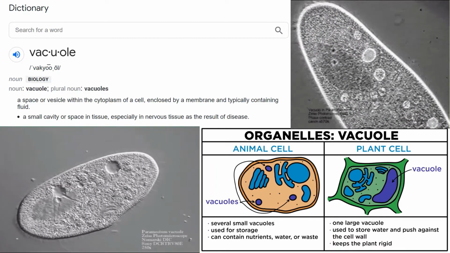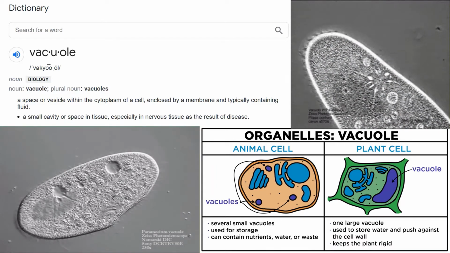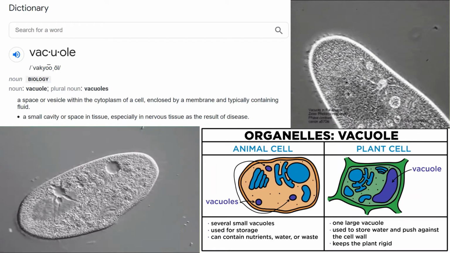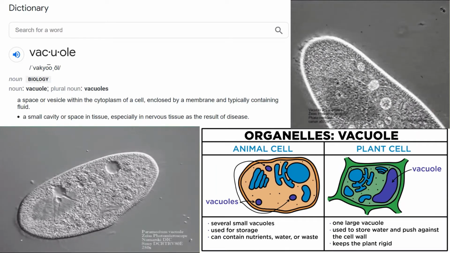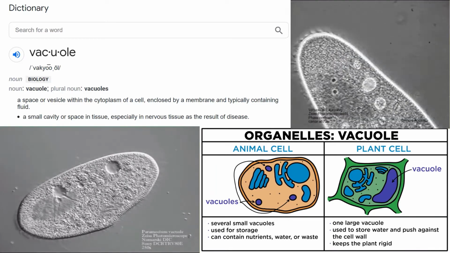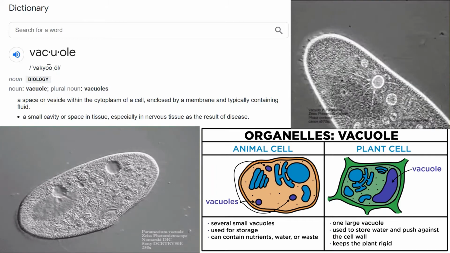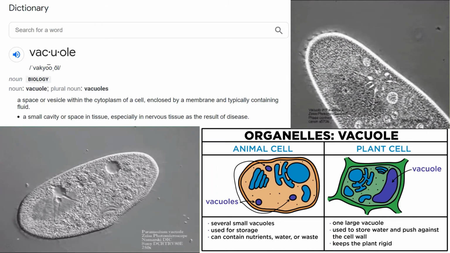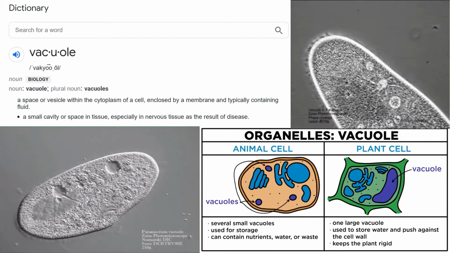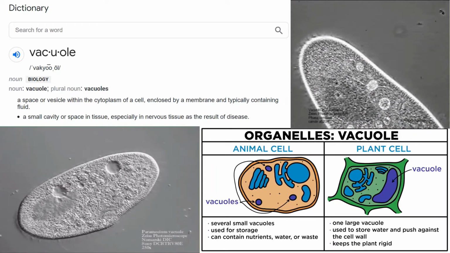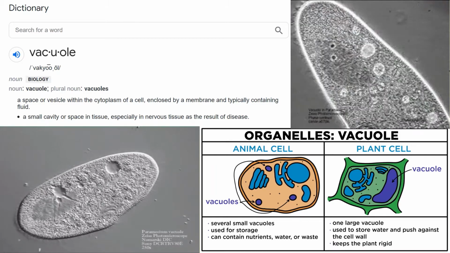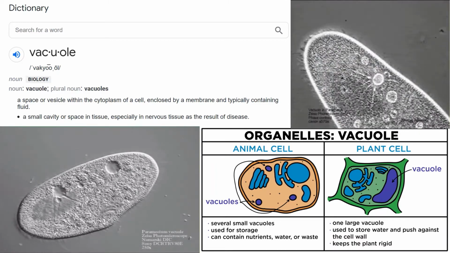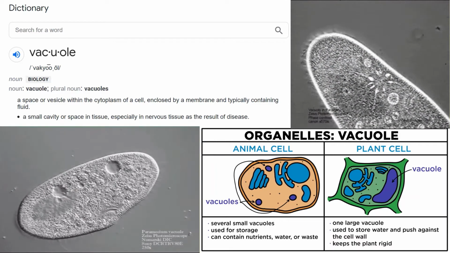Vacuole. A vacuole is a space within the cytoplasm of a cell enclosed by a membrane, typically containing a fluid, a small cavity or space in tissue, especially in nervous tissue as a result of disease. Vacuoles primarily are used for just storage of things. They can contain nutrients, waste, and water. In plant cells, they have one large vacuole, as opposed to animal cells with a bunch of smaller ones.